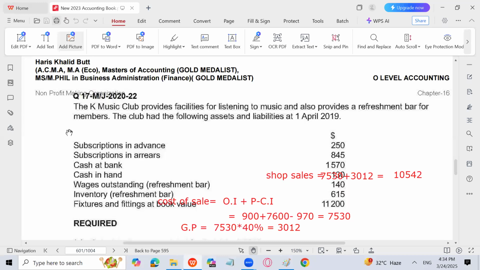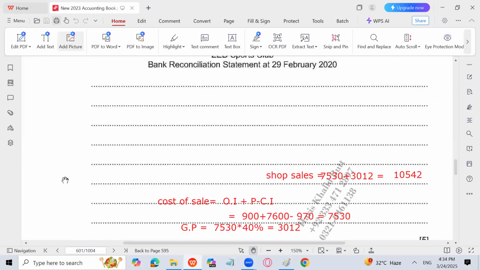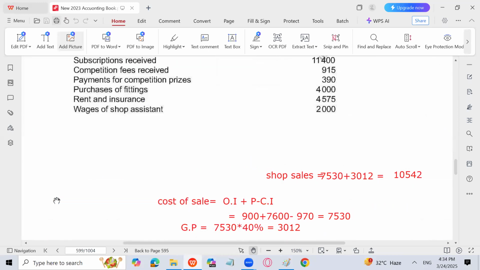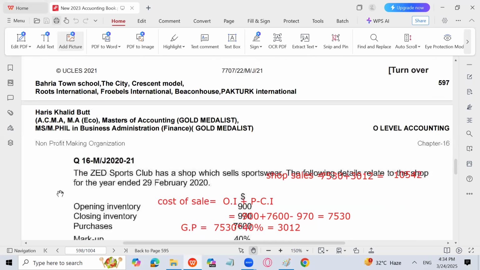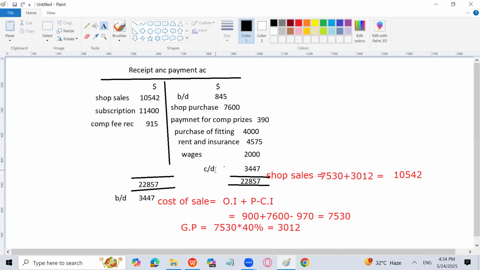And you know that the May, June 2020 and 2021 papers are not being given solved by anyone, because these are the Corona papers. So nobody has solved this question. Nobody has appeared in this exam. So receipt and payment account has come in May, June 2021, and then it has never come.